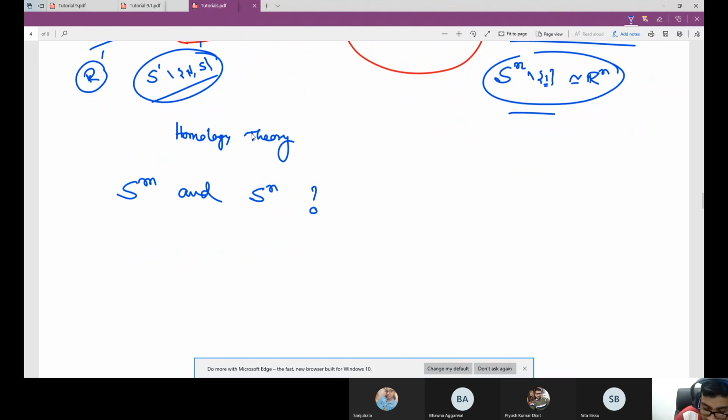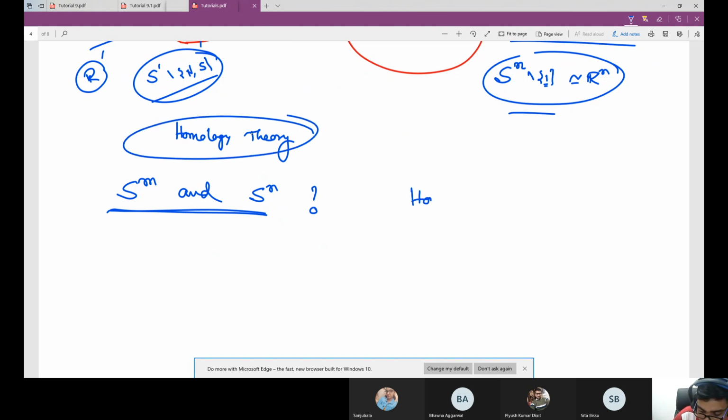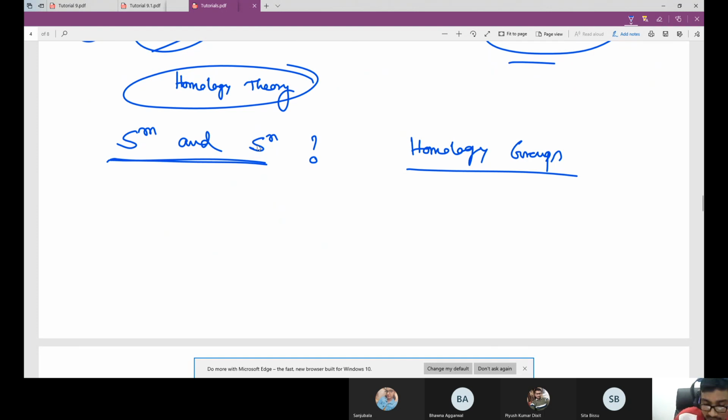In algebraic topology, we deal with this kind of problem using homology theory, or in fact, homology groups. There we define a certain kind of groups, and whenever two spaces are homeomorphic, their homology groups are isomorphic in terms of some group theoretic structure.